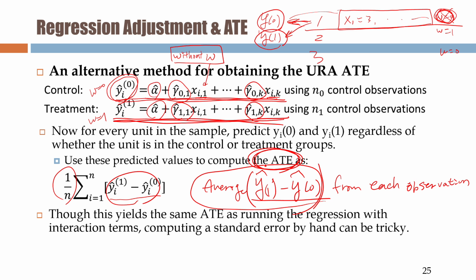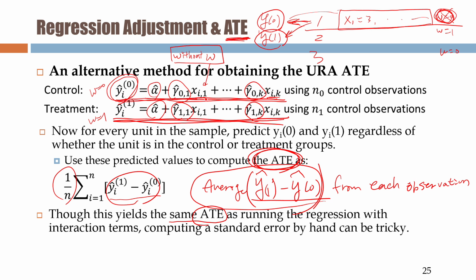This way you will get the same average treatment effect you got from the regression using the interaction term, but you cannot get the standard error and so on. So it may not be easy to run the test, but the idea is pretty simple. How can you calculate the expected average treatment effect?